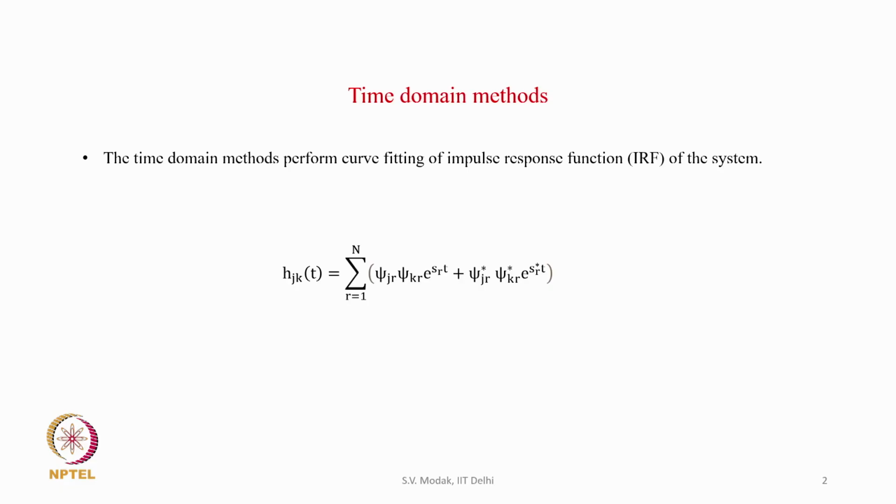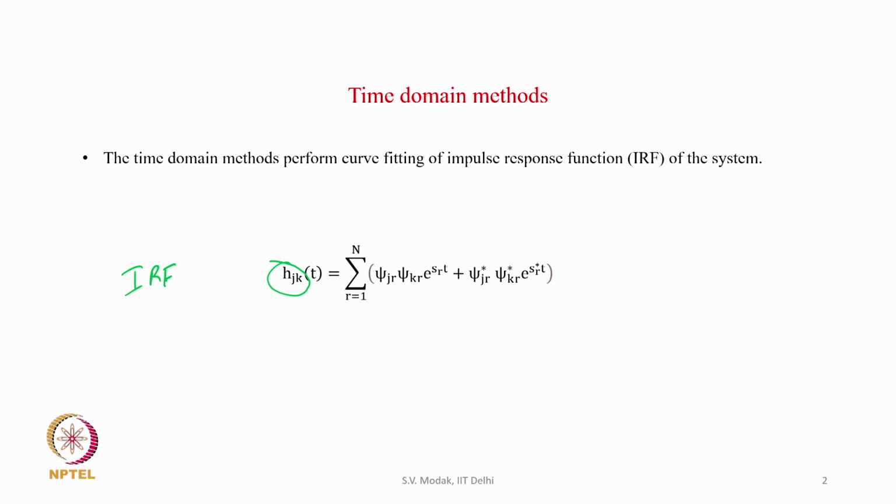This is the expression we derived earlier for a multi-degree of freedom system with non-proportional viscous damping. Here H_jk is the impulse response function, defined as the response at the jth coordinate due to unit impulse applied at the kth coordinate.